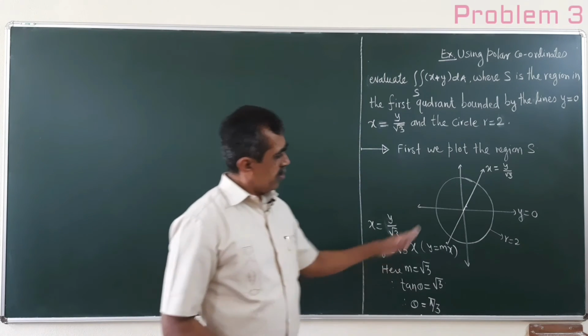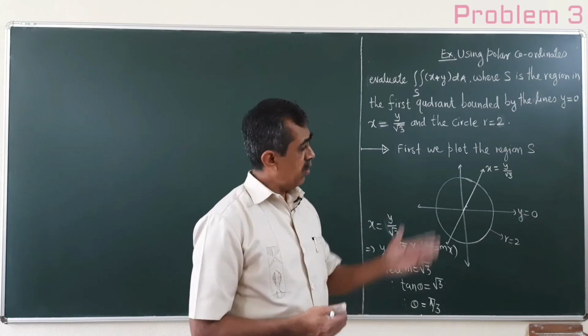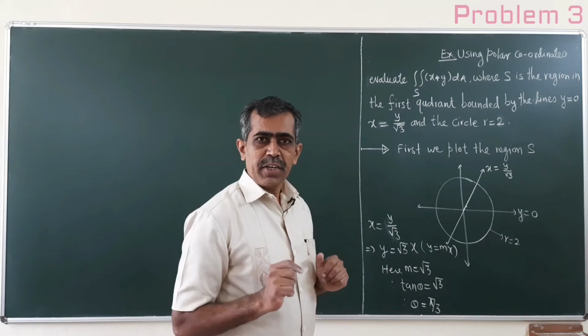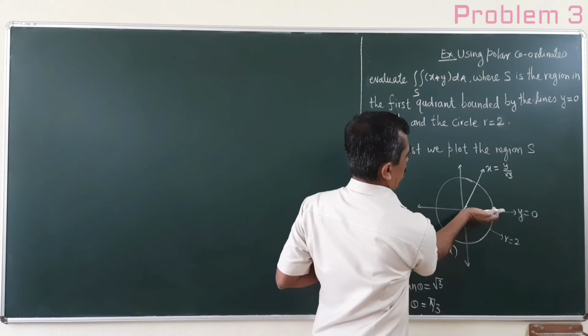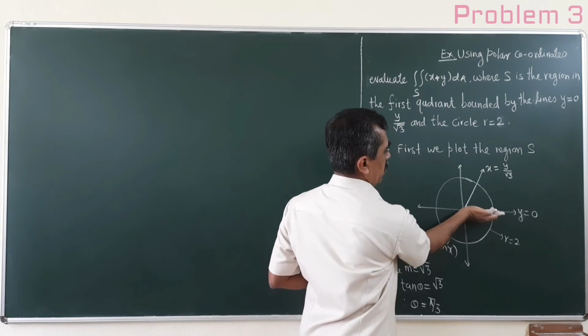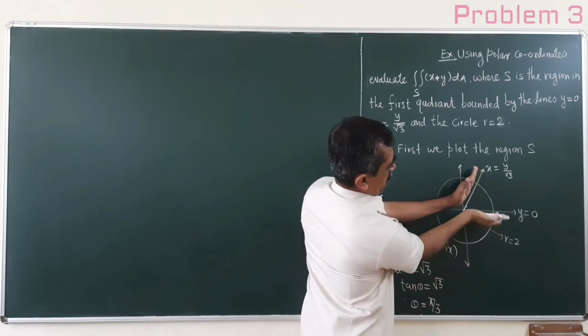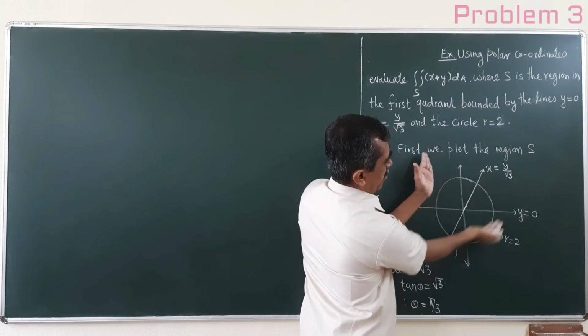Now, once you plot this line, let us see what is the domain of integration. What is S here? S is the region bounded by y is equal to 0, then this line, and the circle.